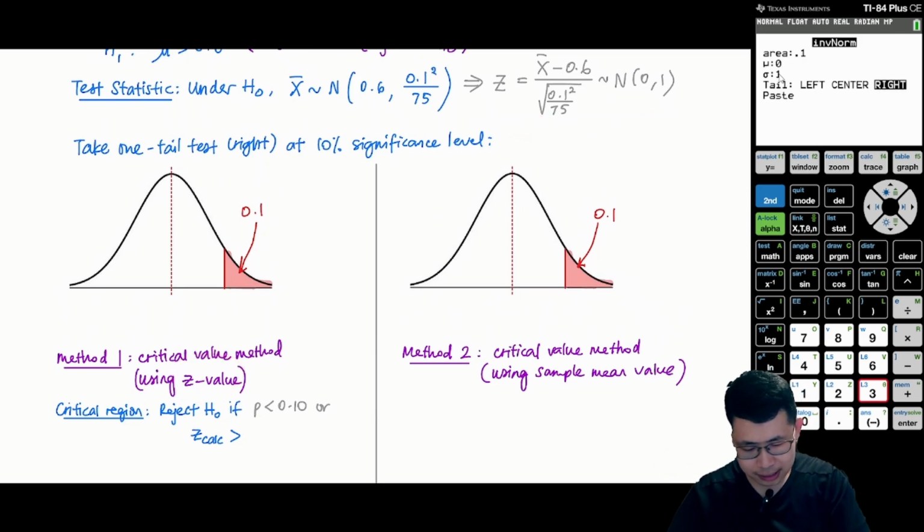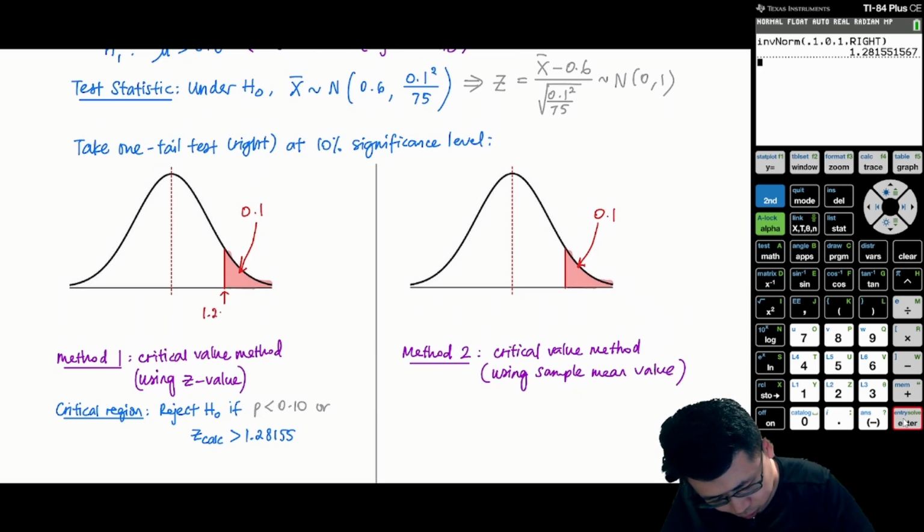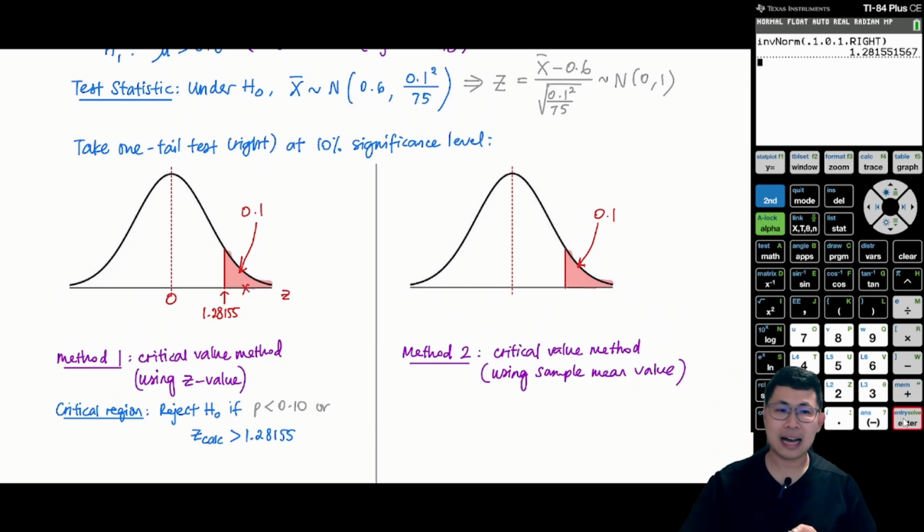So the z calculated over here should be greater than 1.28155. So this value over here is 1.28155. This is 0, this is z. So in order to reject, it should be over here.